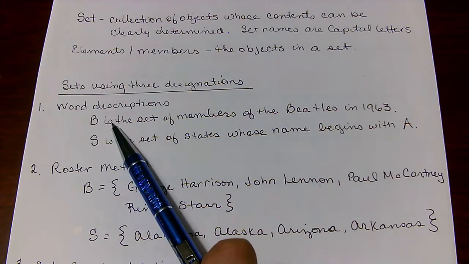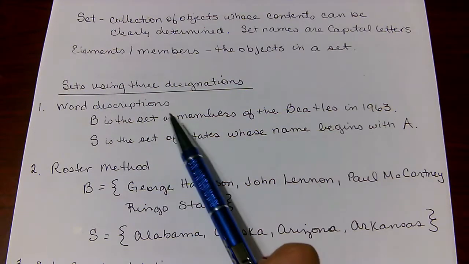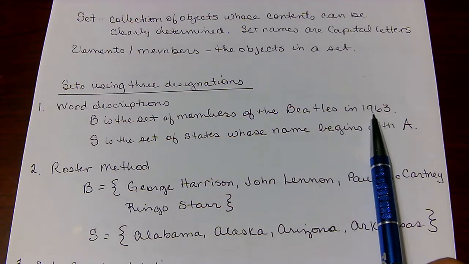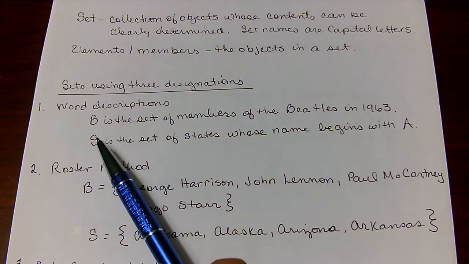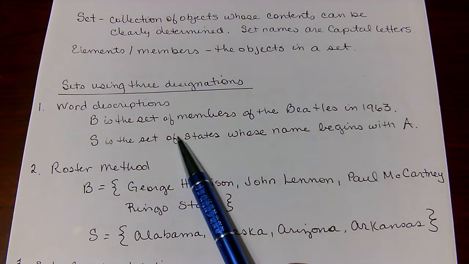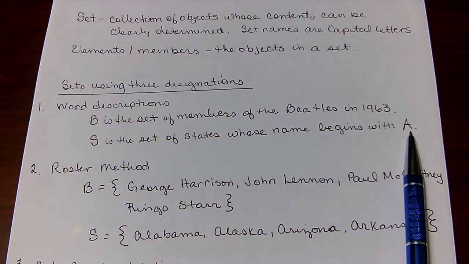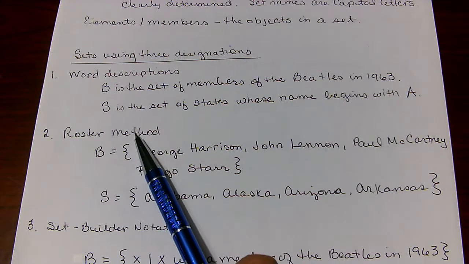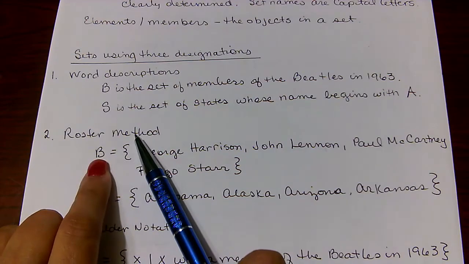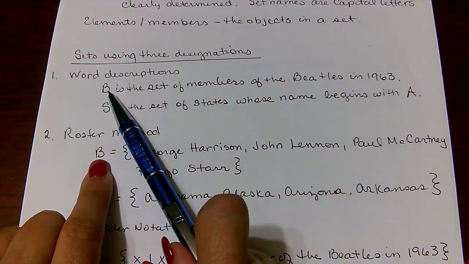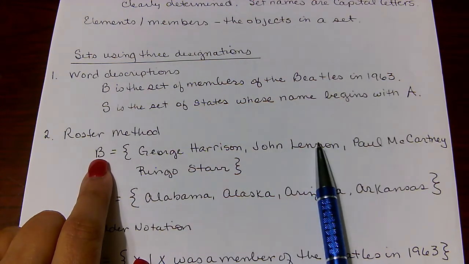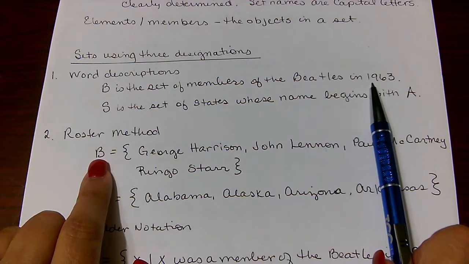I could say B is the set of all members of the Beatles in 1963. That's the description. I could also say S is the set of states whose names begin with the letter A. If I wanted to use the roster method, I would start with the set name, in this case B, and then name the individuals in the Beatles from 1963.